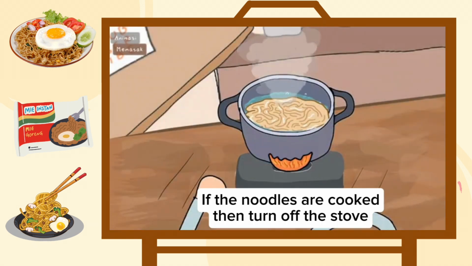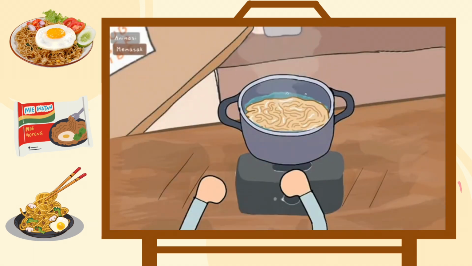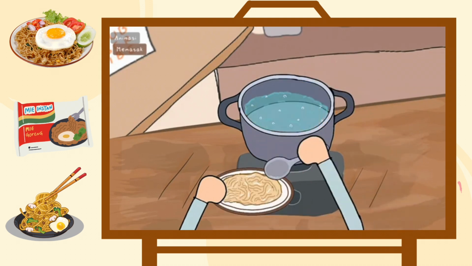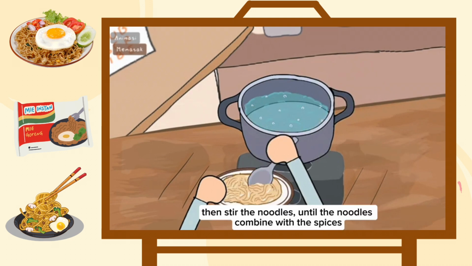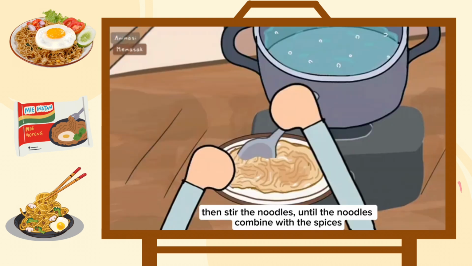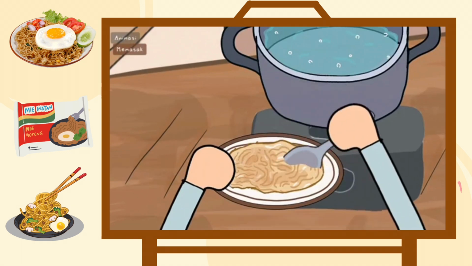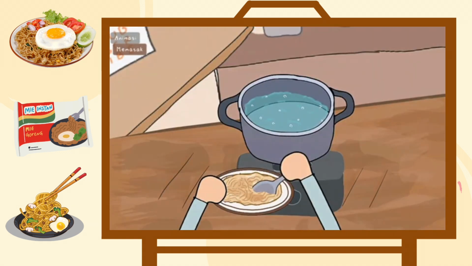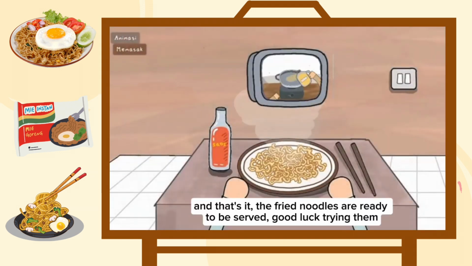If the noodles are cooked, then turn off the stove. Then put the noodles on a plate. Then stir the noodles until the noodles combine with the spice. And that's it. The fried noodles are ready to be served.